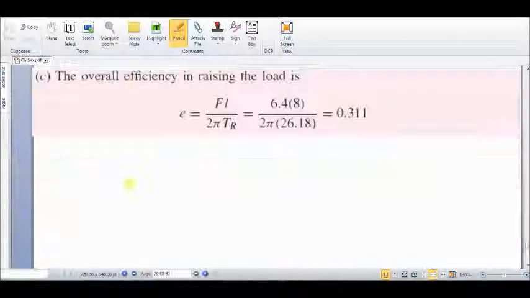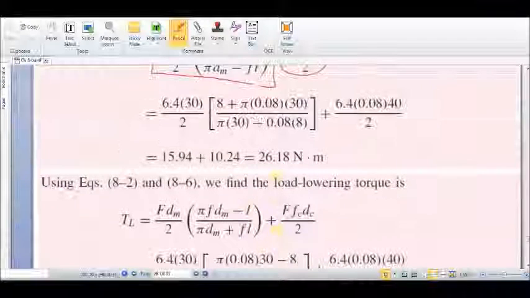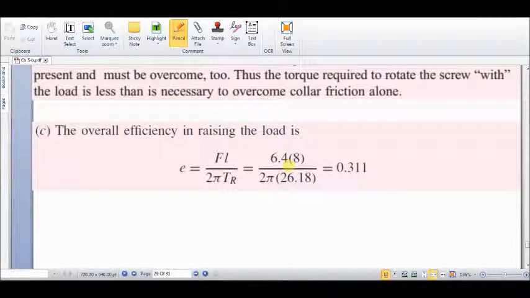Here we will substitute F based on kilonewton and the other parameters, L based on millimeter, and TR that we found in newton meter, 26.18.